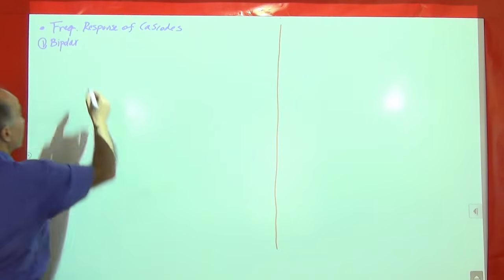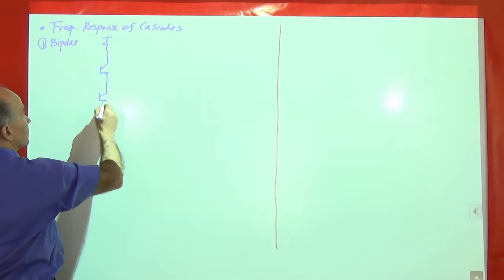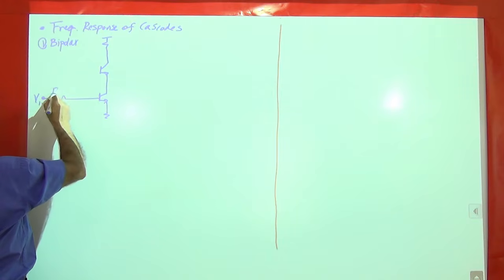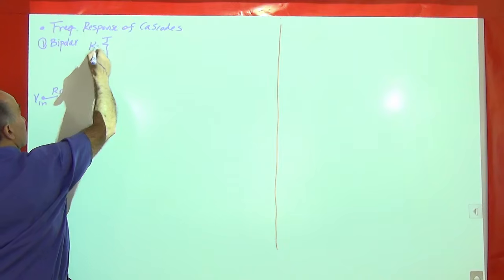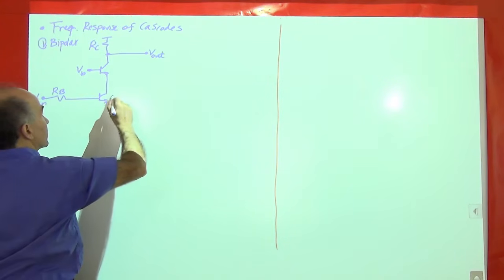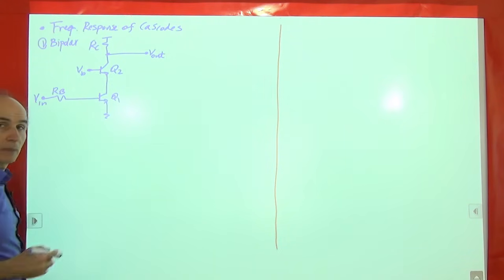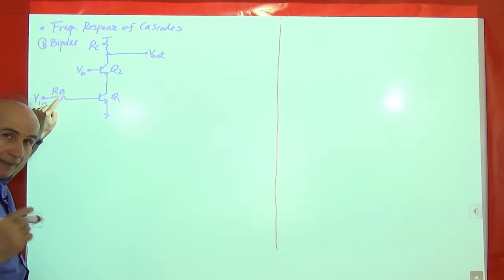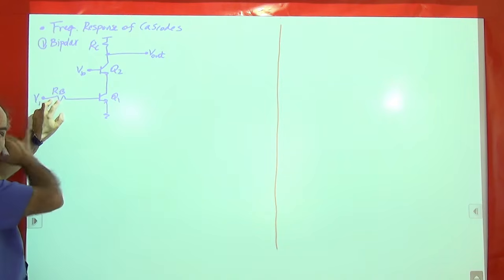All right, and here's our circuit. There's a bias voltage here, a collector resistor, and this is the output node. Call these Q1 and Q2. Again, this resistor is not something that we add deliberately. This models the output resistance of the stage before the circuit.